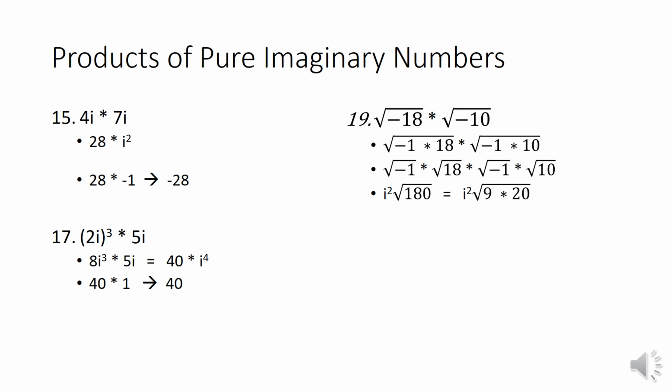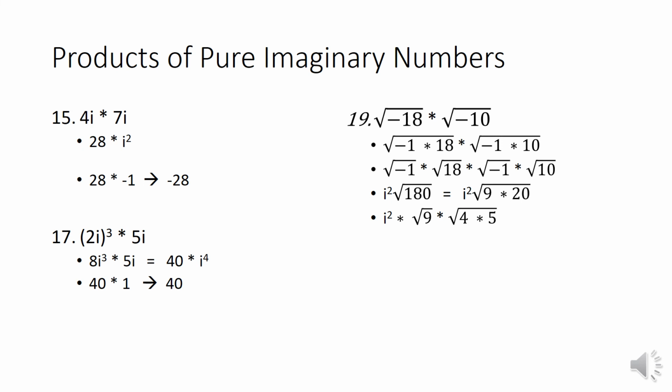Now, 180 is equal to 9 times 20, and so we can similarly break that square root up into i squared times the square root of 9 times the square root of 4 times 5. Right? 4 times 5 is 20. That was the part that was left over.